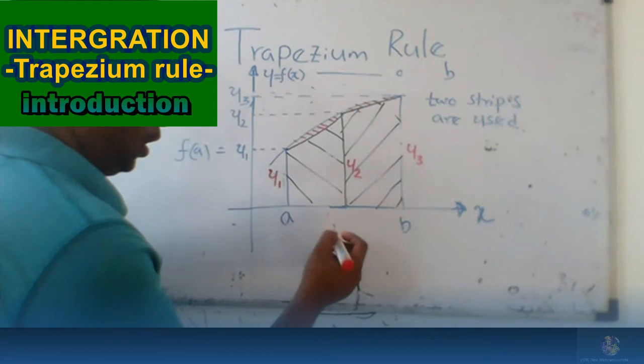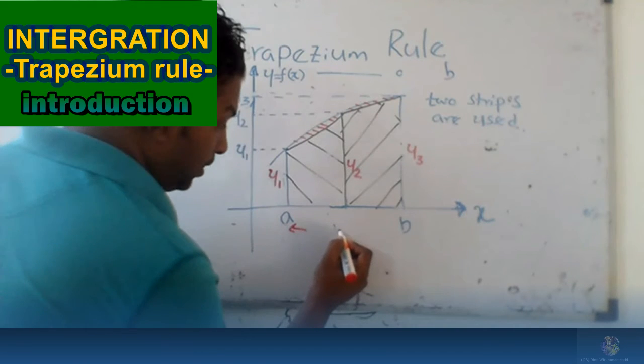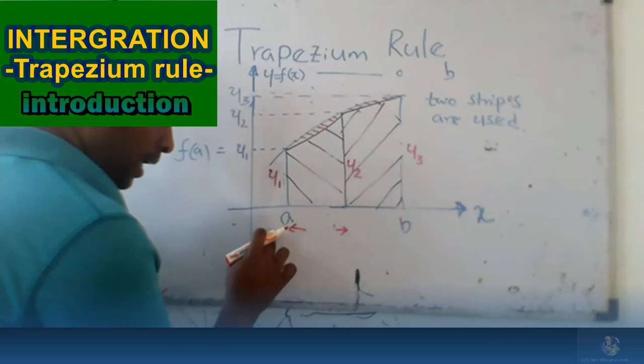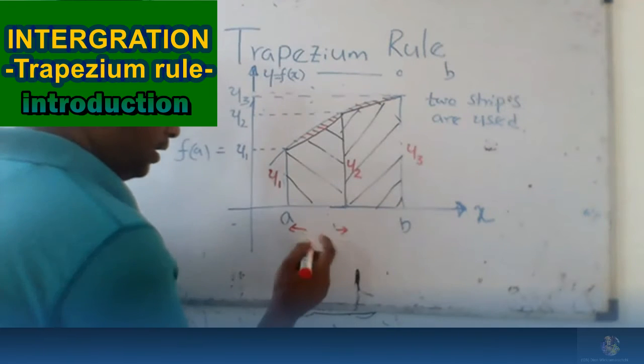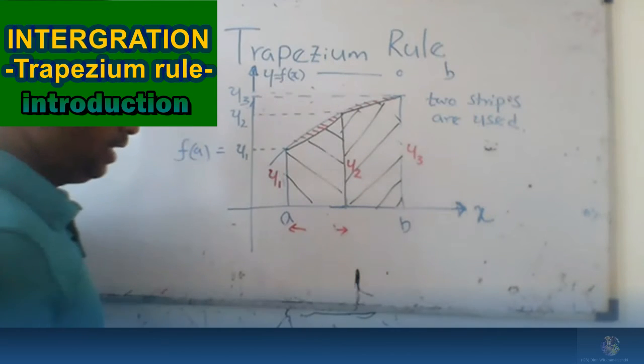Now, what is this length from here to here? This is b minus a.